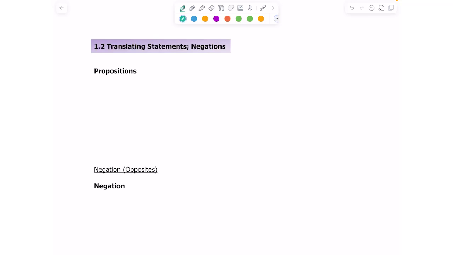Negations. So we've seen this word proposition before, right? In the word proposition, you have the word propose. And basically, they're just statements that make a claim that may either be true or false.